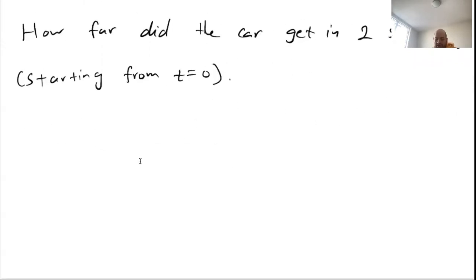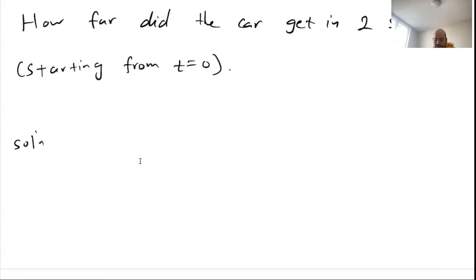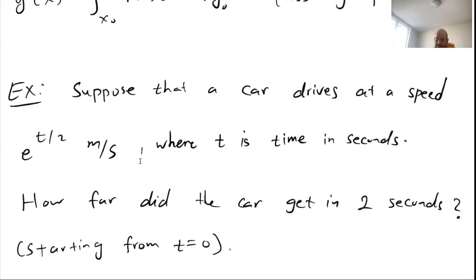Okay, what is the differential equation that we have here? So, solution: our ODE can be written as, well, speed is given. Speed means the derivative of x, the position function.